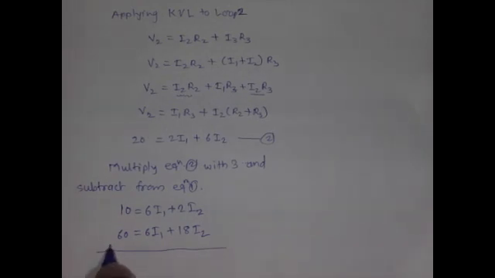Now making the subtraction, we get minus 50 equals minus 16I2. Now I2 equals, the negative sign being cancelled, 3.125 ampere. This is the current flowing through I2 because of both sources.